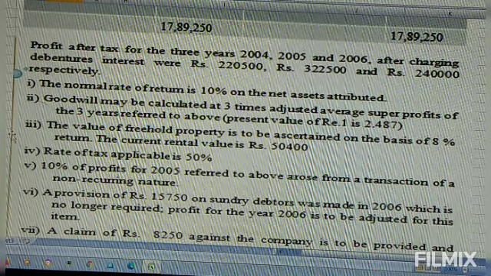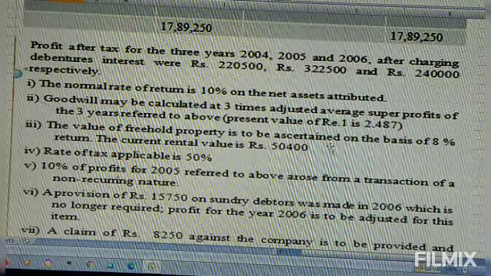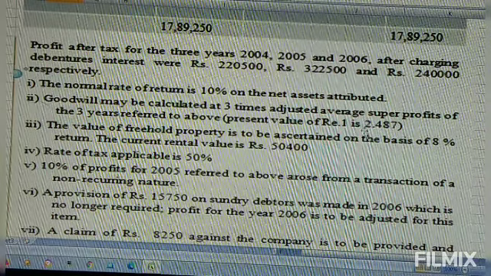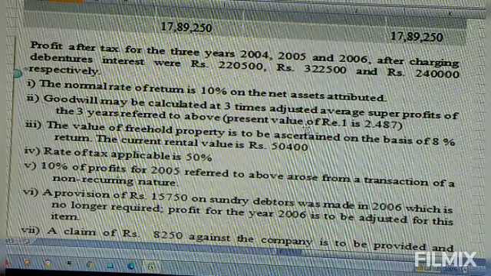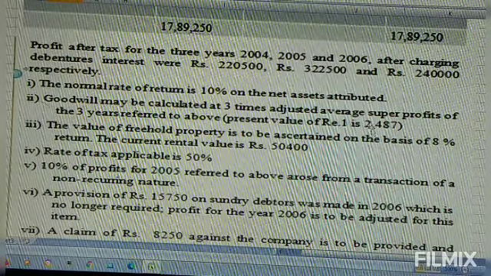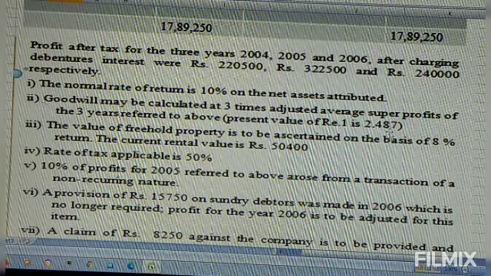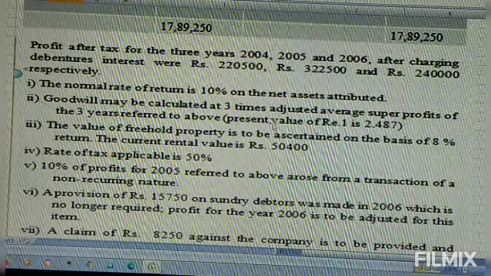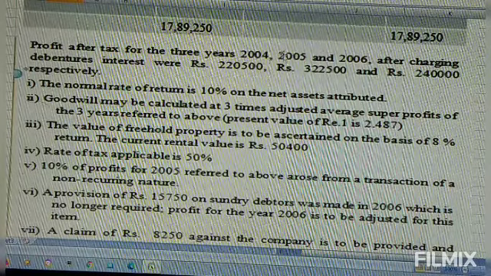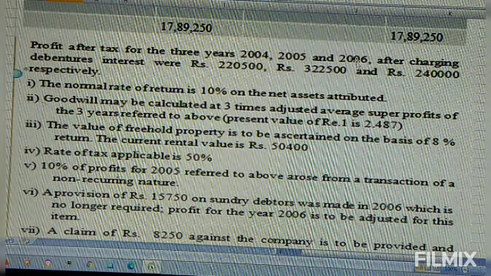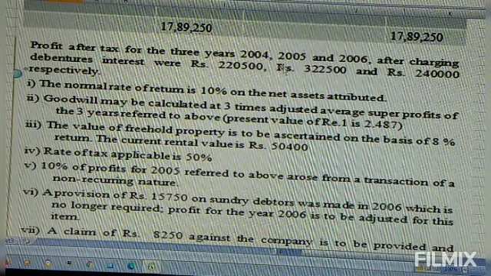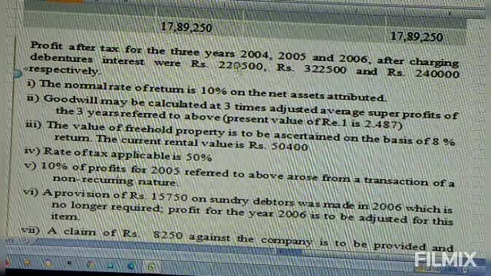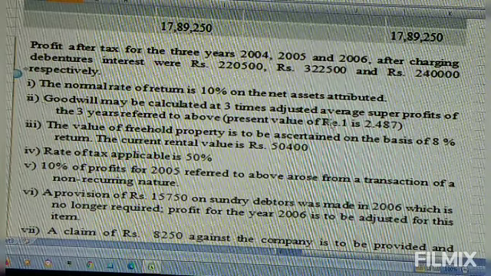That's why the present value of the profit for every rupee 1 is 2.487, that is 2 rupees 487 paisa. These values of 2004, 2005, 2006 are all past values, and these are to be brought to the present value.